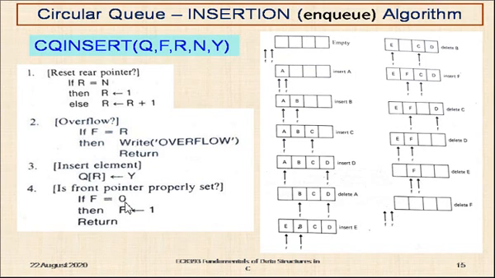The front pointer is not pointing to the 0th location, rather it is pointing to the second location. So it will return back to the calling function after the insertion of the element E. All right. So this is the advantage of the circular queue. Since there is a space, we could have inserted the element. This is not possible in the linear queue. That is the point you have to understand, right? Once again, I am telling.